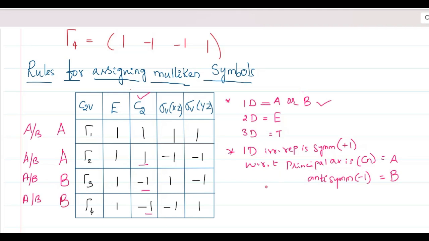So we have assigned. The next, what do we have to see?